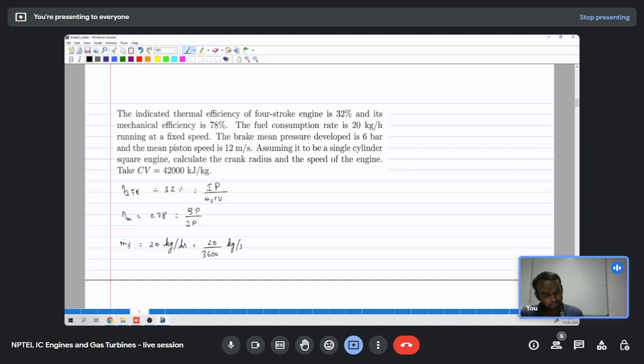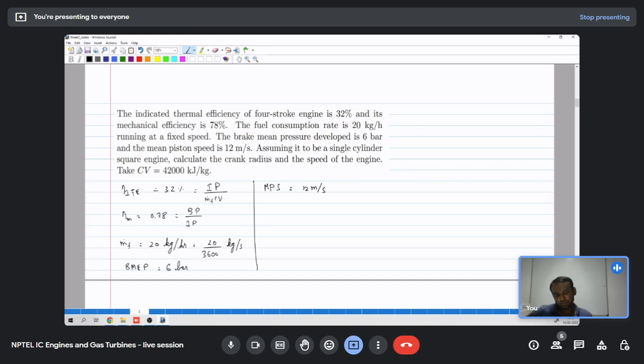The brake mean pressure developed is 6 bar, so that means BMEP is 6 bar. And the mean piston speed is 12 meter per second.